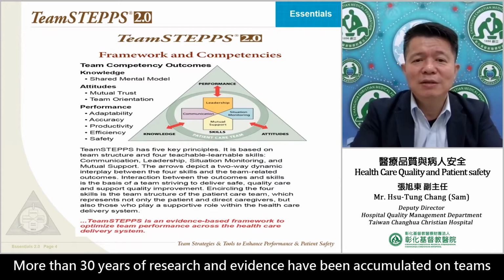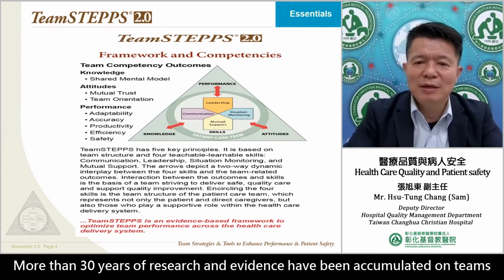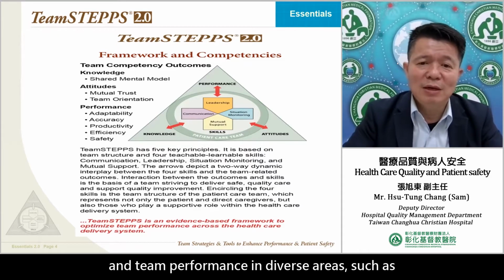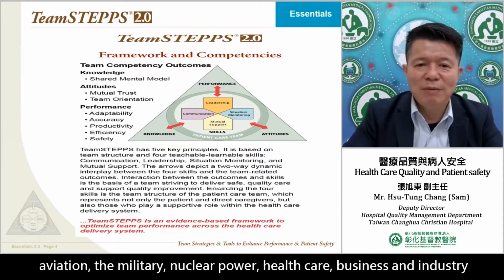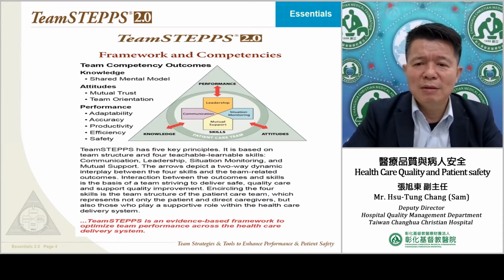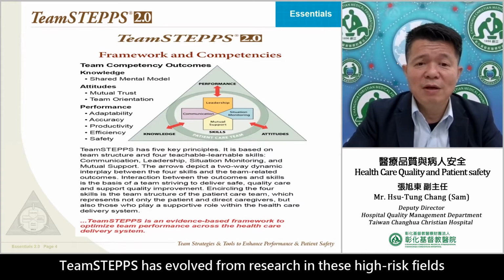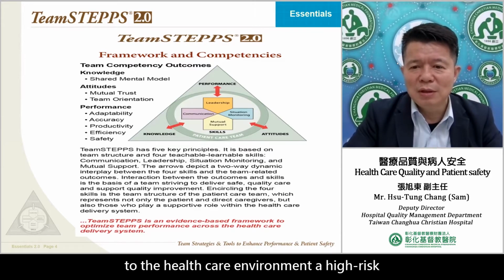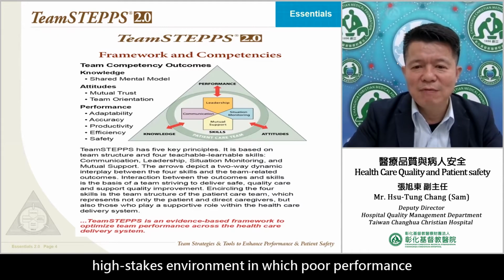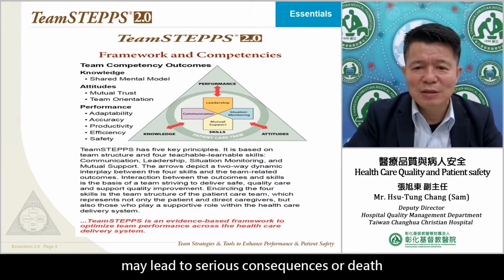More than 30 years of research and evidence have been accumulated on teams and team performance in diverse areas such as aviation, the military, nuclear power, healthcare, business, and industry. TeamSTEPPS has evolved from research in these high-risk fields to the healthcare environment, a high-risk, high-stakes environment in which poor performance may lead to serious consequences or death.